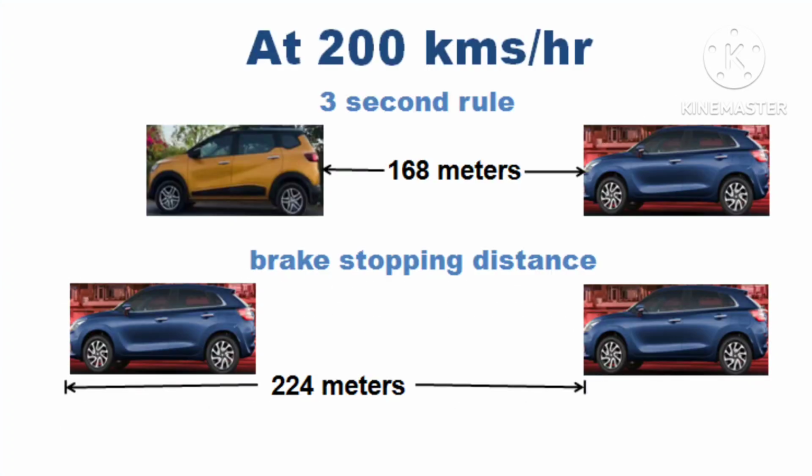As shown in the above slide, it can be seen that at 200 km per hour speed, the actual stopping distance at 70% braking efficiency will be 224 meters. Also, the human response time of 1 second, 56 meters, is to be added to this distance, making the safe stopping distance s equals 224 plus 56 is equal to 280 meters.